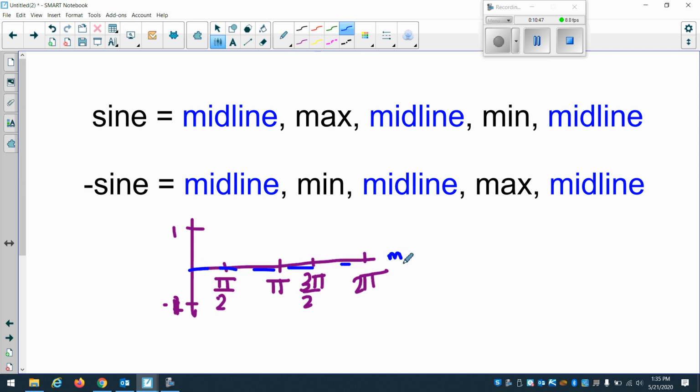Okay, so this is your midline. 1 is your max. -1 is your minimum. Okay, so you start at 0, your max, mid, minimum, mid. Okay, and when you connect those points, it's a smooth curve, okay? And the distance from your midline to your max and your midline to your min is called your amplitude, okay?